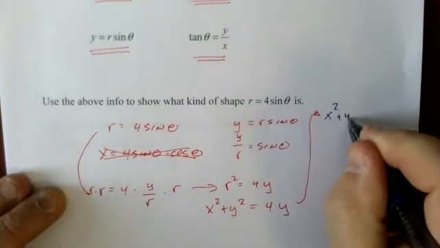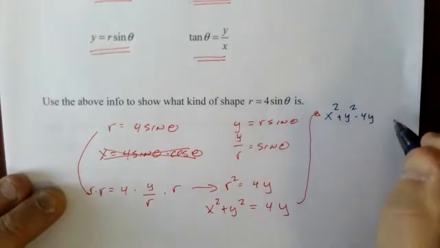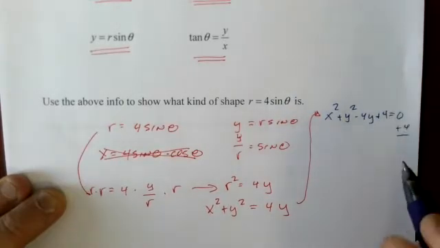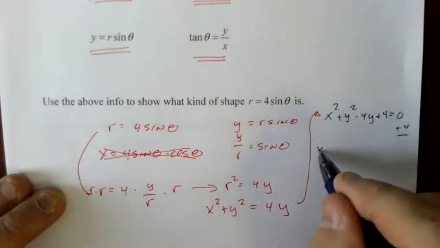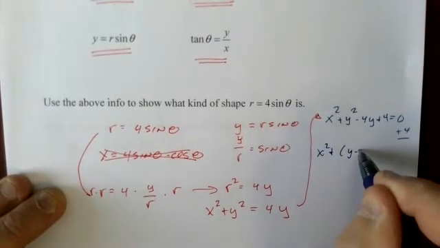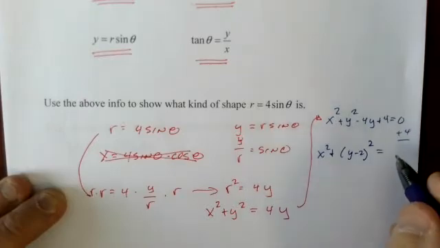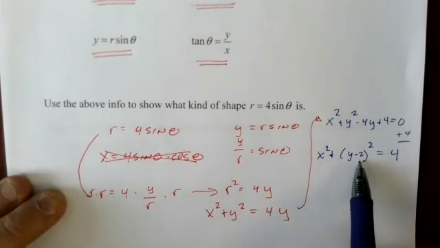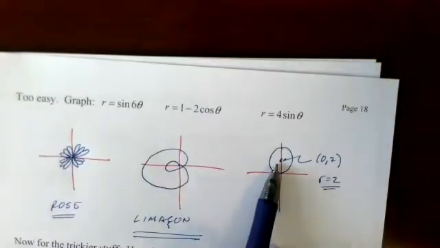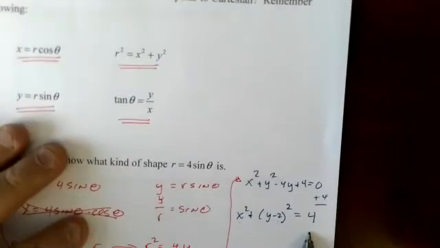X squared plus y squared minus 4y equals 0. Add 4. Add 4. Where did I get that? Negative 4 over 2 squared is, yeah, I completed the square. X squared plus (y minus 2) squared equals 4. And that's a circle centered at 0, 2, with a radius of square root of 4.